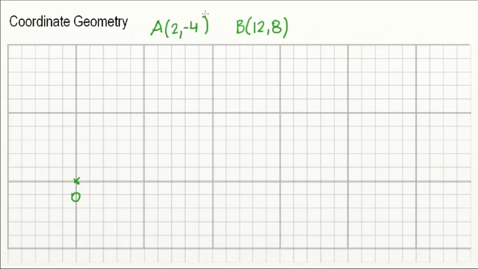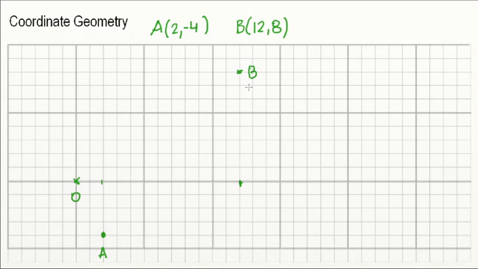Now let's place both of those hikers in our Cartesian plane. So hiker A is 2 to the right and 4 down. So this would be the position of hiker A. Now what about hiker B? It would be 12 to the right and 8 units up.